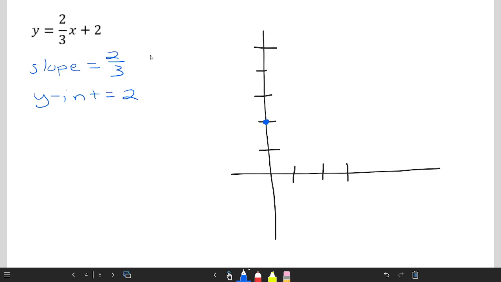And then remember, your slope is rise over run, or change in y over change in x. So it's the vertical change of 2 units and the horizontal change of 3 units. And it's a positive slope again, so we're going to be going up and right. So starting at this point, up 2 units, and then to the right 3 units.